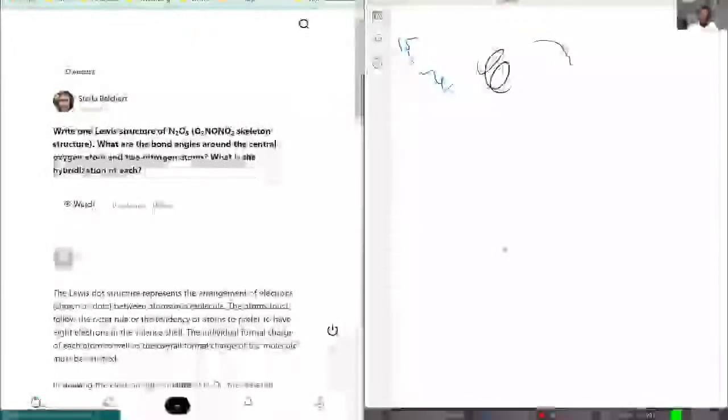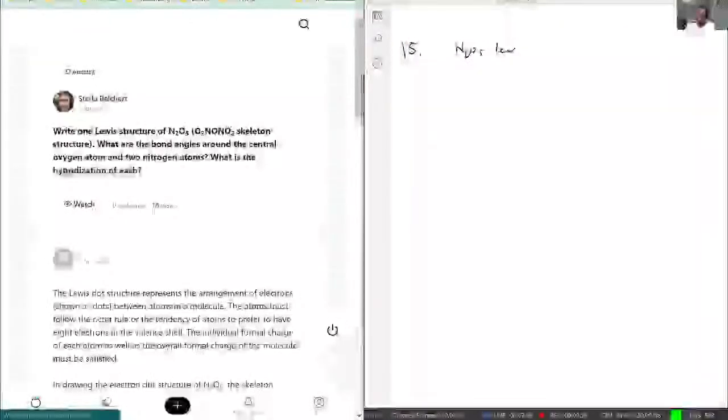So the skeleton structure is like that. Let me just start with the N-O-N, and then we have the O2. So I picture something like this in my head.